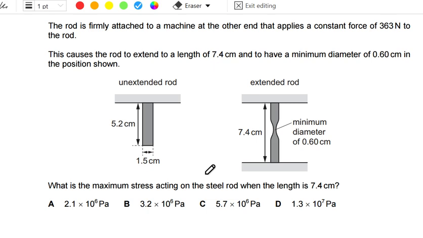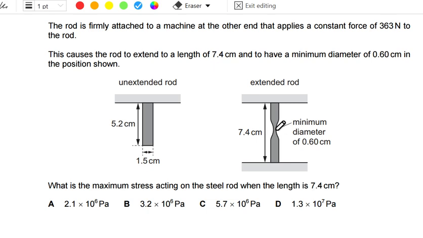To find the stress acting on a steel rod, we do not care about the length. What we need is the cross section.